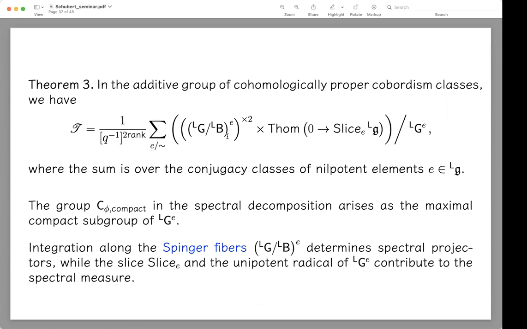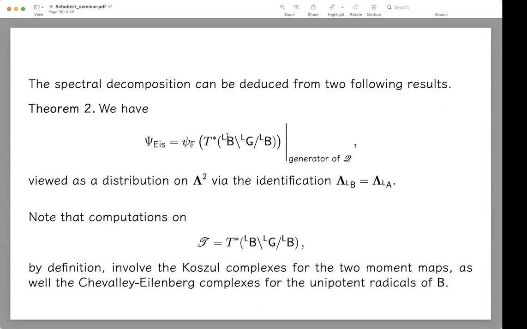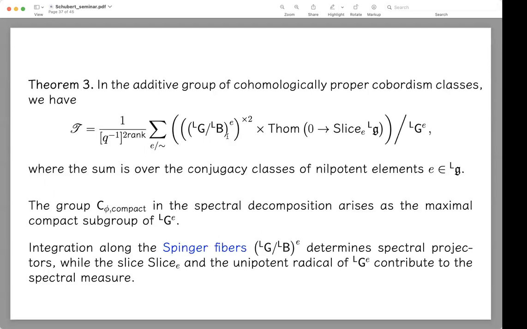So this is that space, T star of this quotient on two sides. And if you think about what the Springer resolution does, then what you're going to get is the following. First of all, you take a sum over all nilpotent elements up to conjugation. And then for every nilpotent element, you get two copies of the Springer fiber, because we take B quotients on both sides.